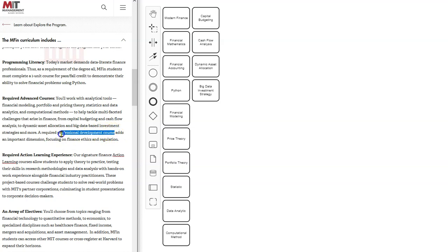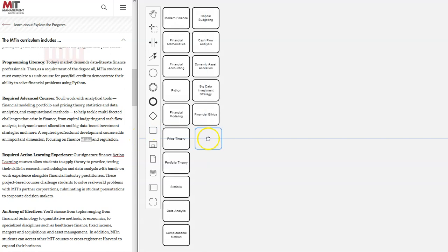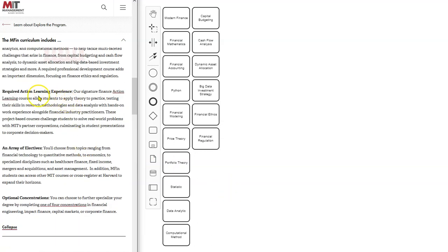Professional development course, ethics and regulations. So still going to have these. What type of ethics? Financial ethics. What type of regulation? Financial regulation. All right, moving on.